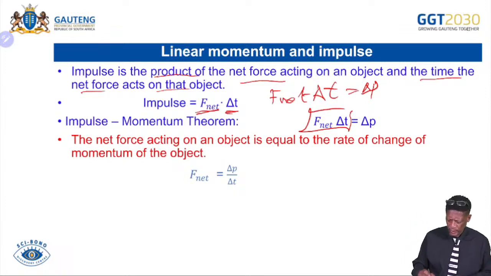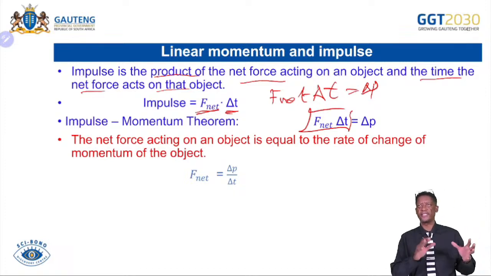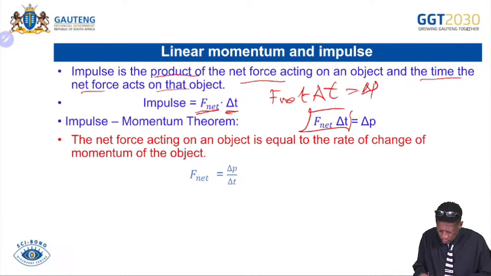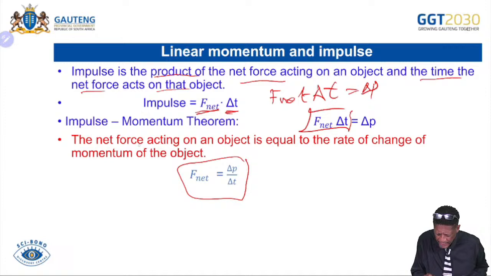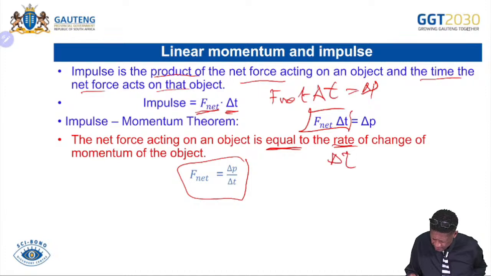Now, we said we use Newton's second law in terms of momentum. The net force acting on an object is equal to the rate of change of momentum of an object.